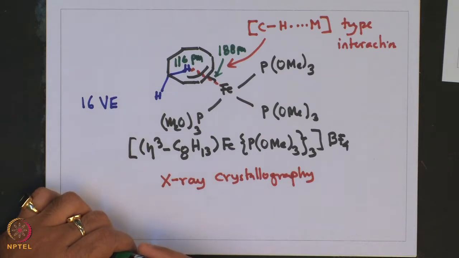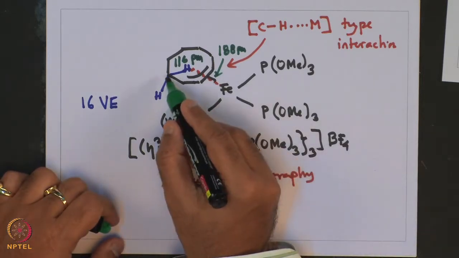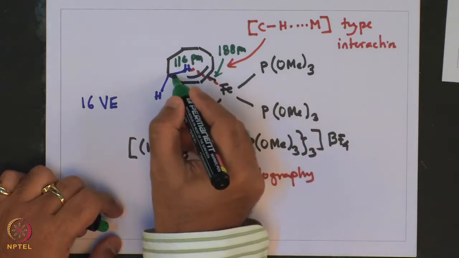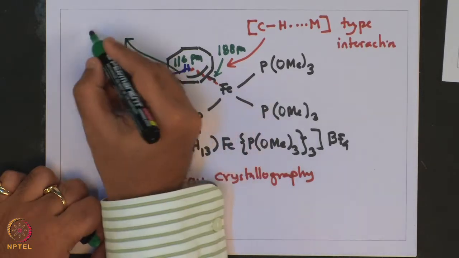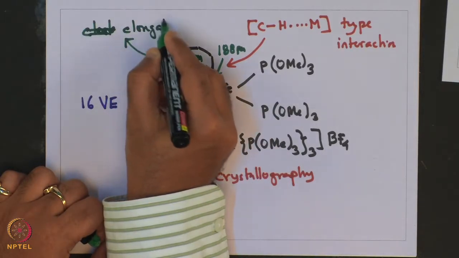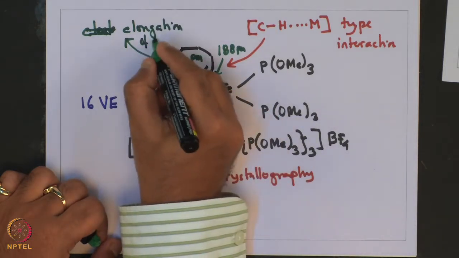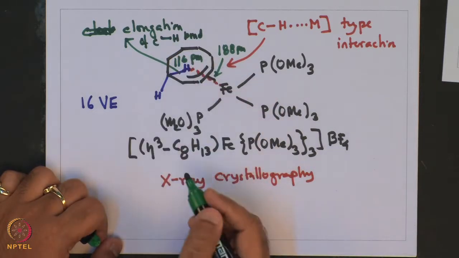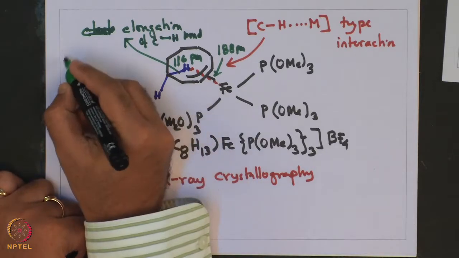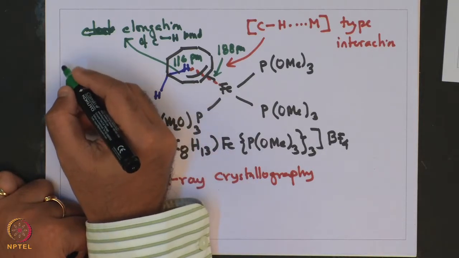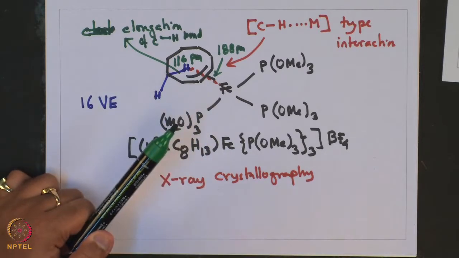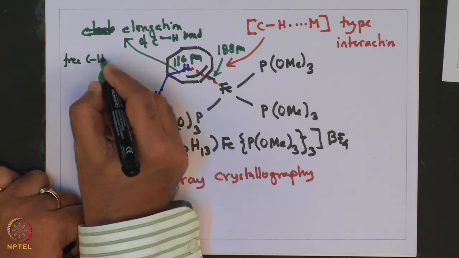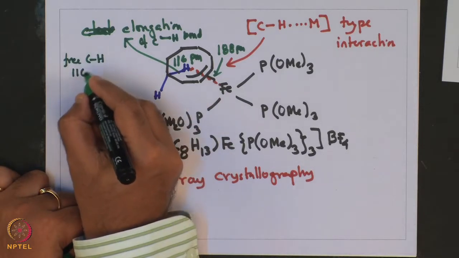Now, this interaction of this CH bond with the metal leads to elongation of the CH bond to 116 picometer, whereas a free CH bond which is not involved in agostic interaction has a distance of about 110 picometer.